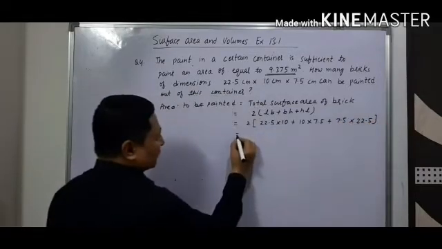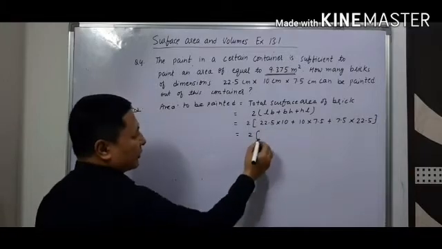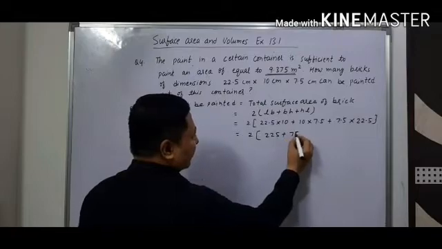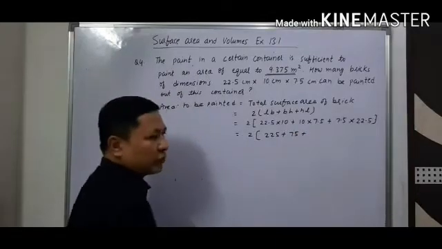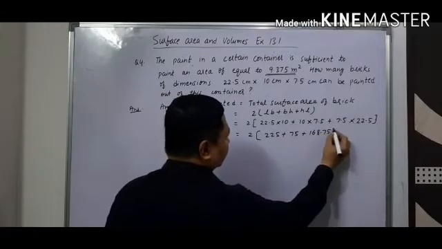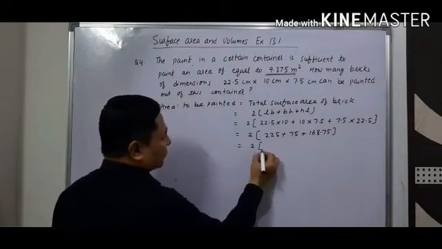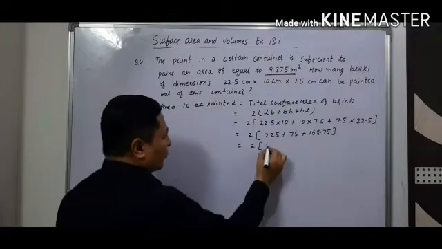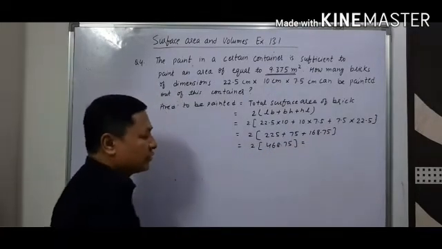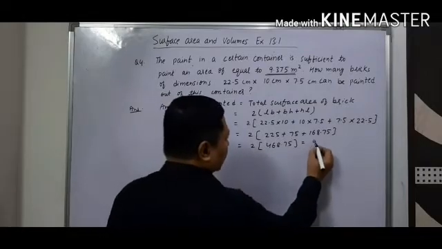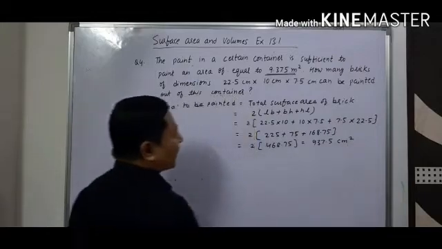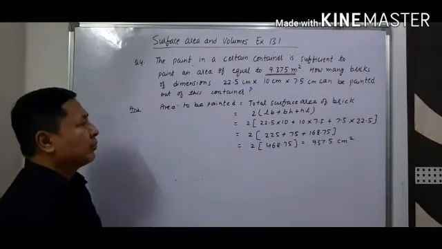So we'll calculate this. 22.5 into 10 is 225, 10 into 7.5 is 75, 7.5 into 22.5 is 168.75. Now let us solve it further. When we add these, we'll get 468.75, and when we multiply it by 2, we get the answer 937.5 centimeter square.